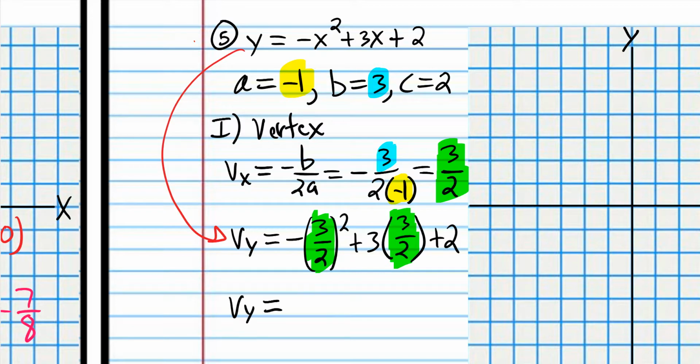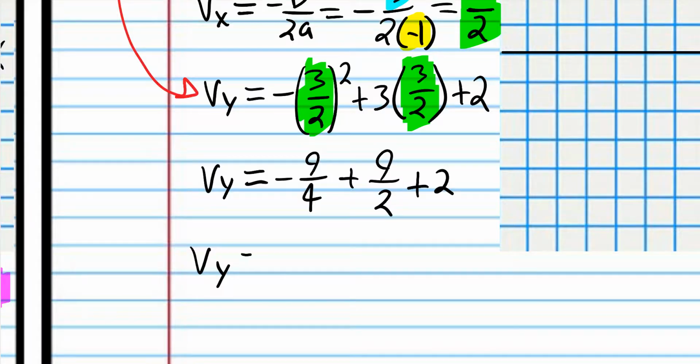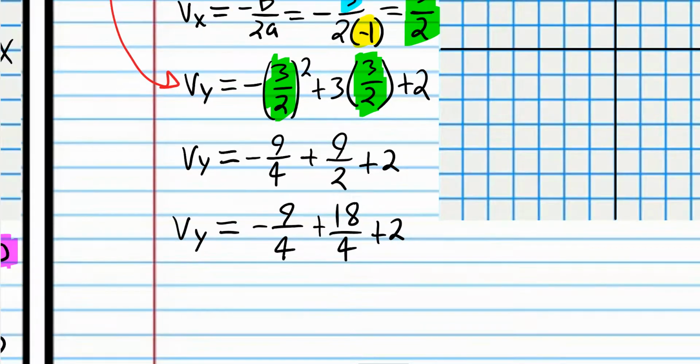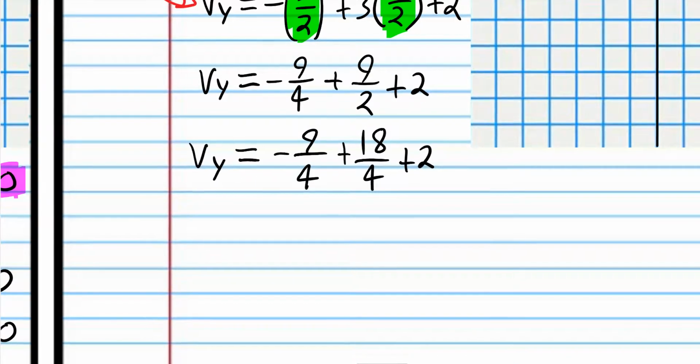So the y value of the vertex is negative 9/4 plus 9/2 plus 2. And we need a common denominator. So I'm going to multiply both sides of this fraction by 2 to get 18/4. And negative 9 plus 18 is 9.